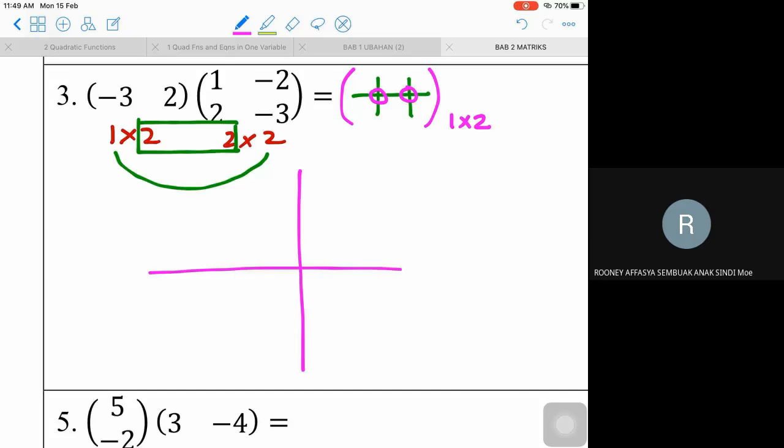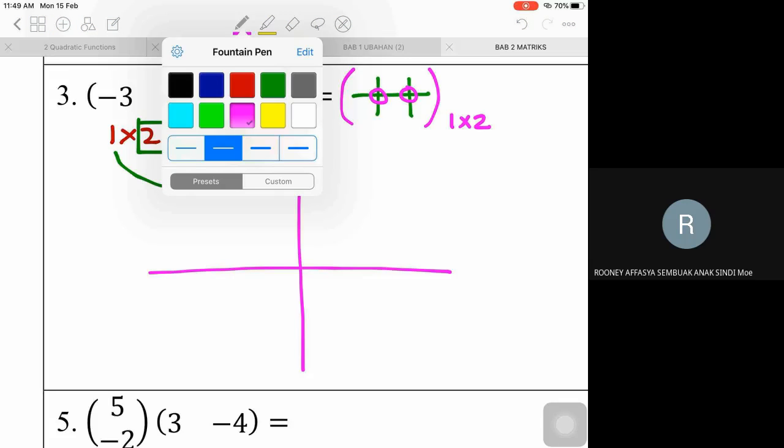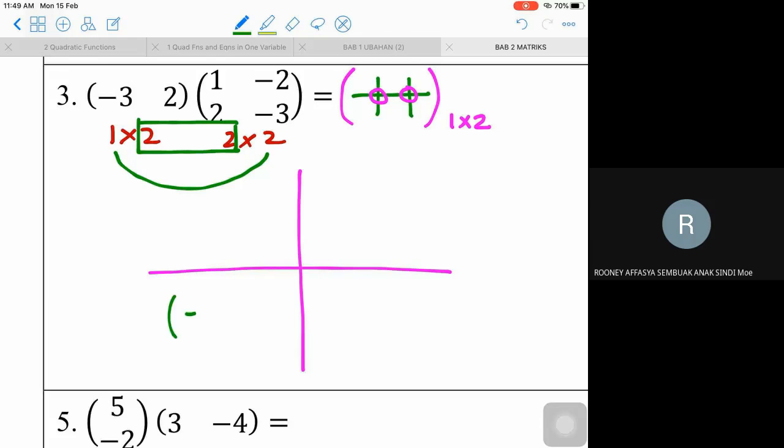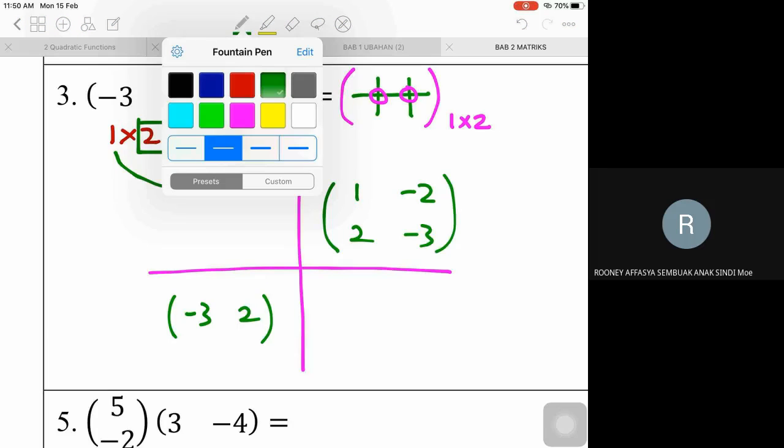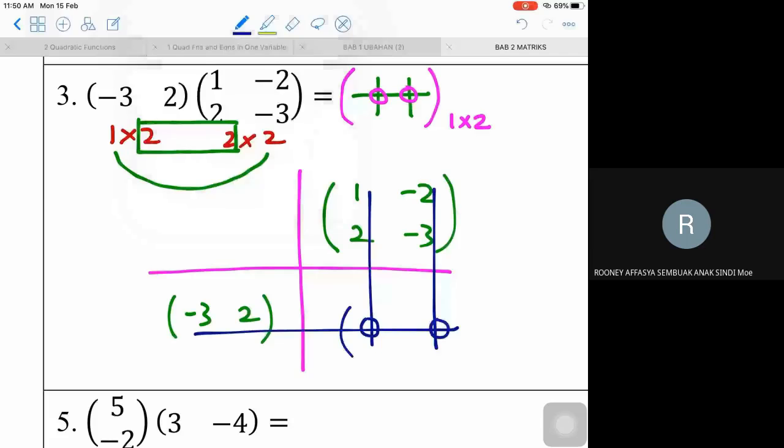Okay, first matrix, -3, 2 on the third quadrant. Second matrix on the first quadrant, 1, -2, 2, -3. Okay, so we have 1 row, 2 columns. So we have 2 elements inside the matrix.